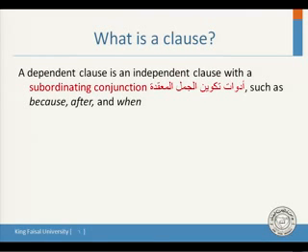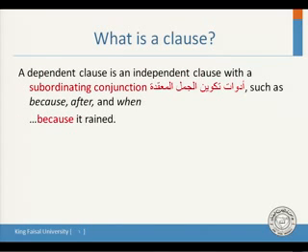A dependent clause is an independent clause, but there is a word or a subordinating conjunction. Remember, subordinating, not coordinating. Coordinating in compound sentences. Subordinating in complex sentences. Subordinating like what? Because, after, when, etc. We will study all of this in this lecture.